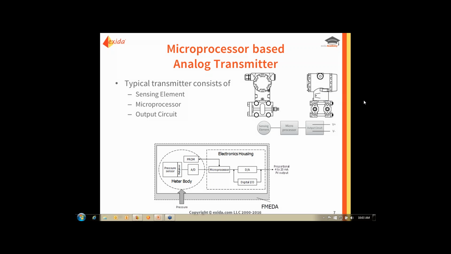Schematically, there tends to be a sensing element or a metering body that sends a signal to a microprocessor, and that then drives a 4 to 20 milliamp output signal.